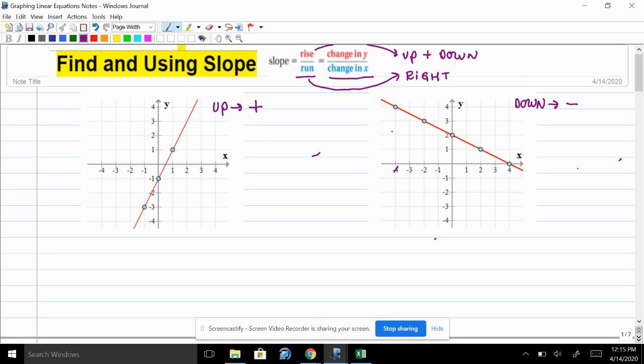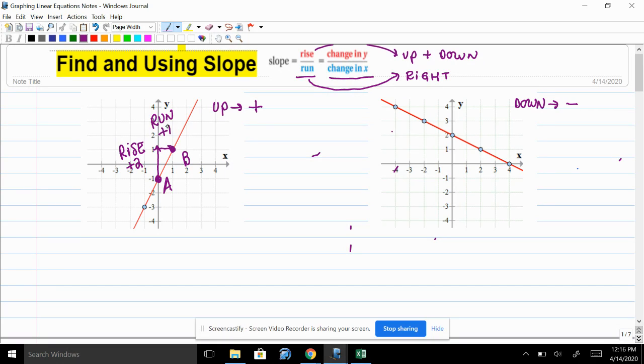All right. The next thing you're going to do is pick any 2 points you want on the line. So let's say you wanted to pick this one, I'll call that point A, and this one, I'll call that point B. You don't even have to know the coordinates, because all we're going to do is count boxes. So from A to B, I would have to go up 1, 2. So my rise is +2, and I would have to run, or go to the right, 1.